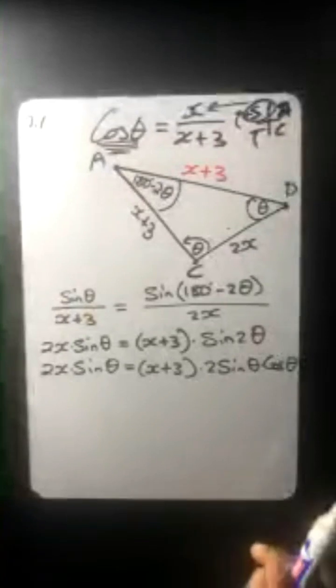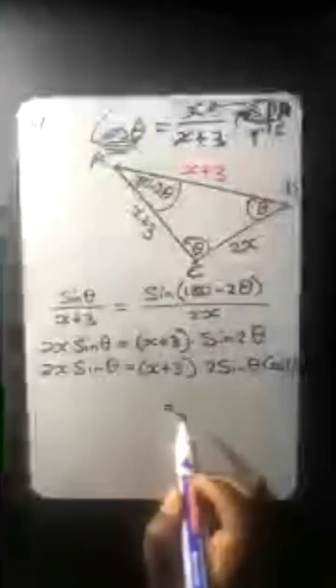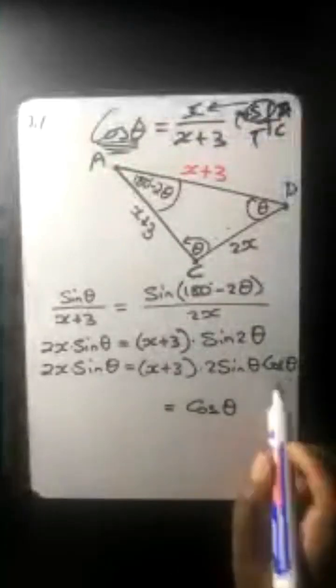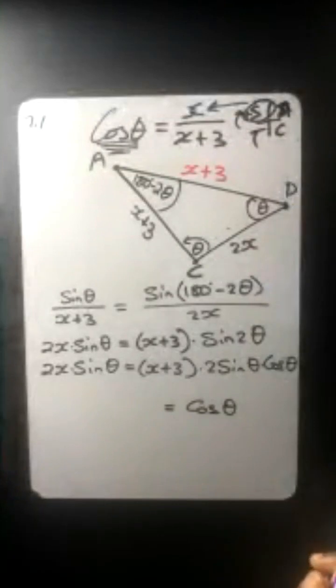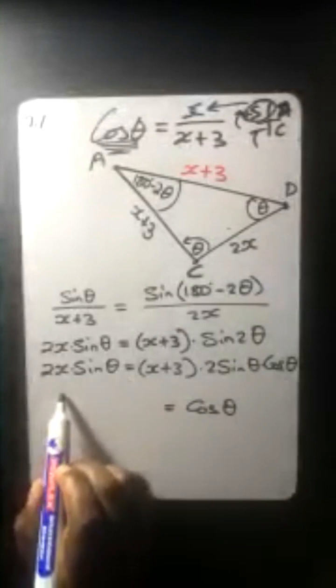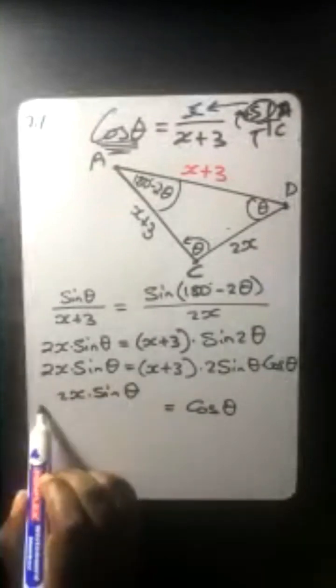So now remember, it is actually cos of the angle that we want to make the subject of the formula. So let me keep it simple and not confuse you, and say cos of that angle is equal to, obviously, the whole of this being 2x multiplying sine of an angle.